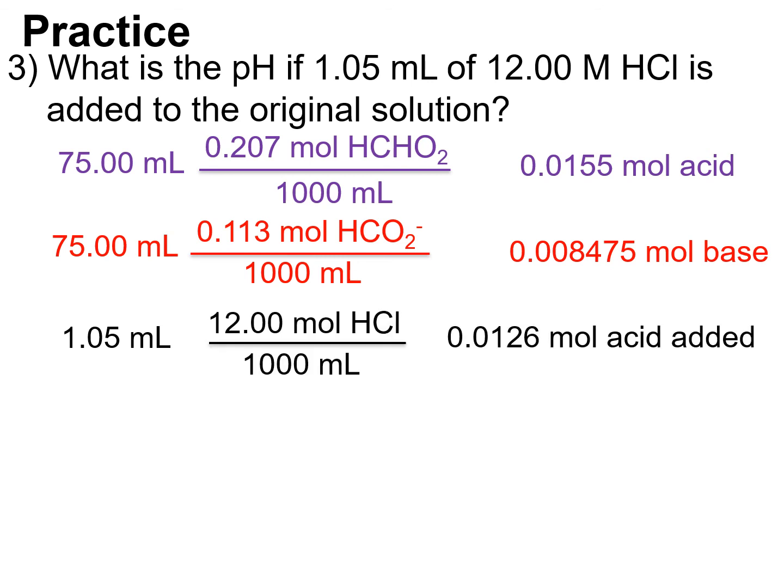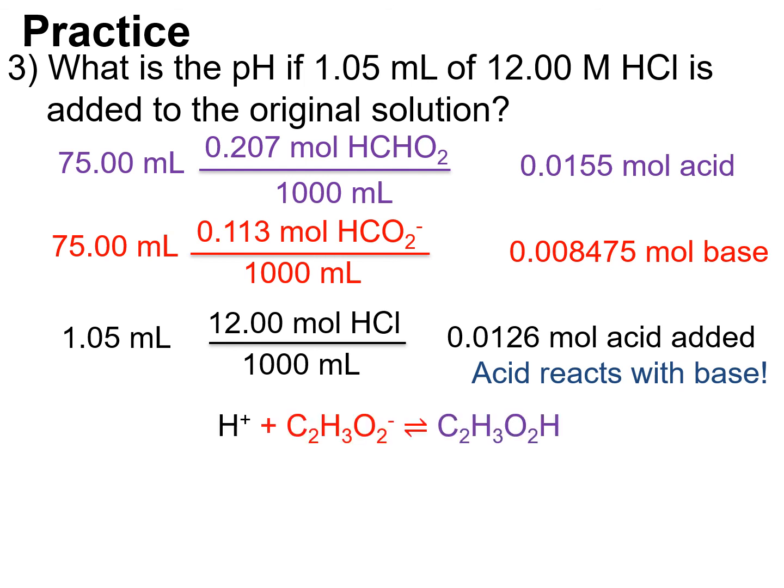Here is where we have an interesting problem, because if you look at what I've said, I know that this acid is going to react with the base, but look at what I have more of. I have more moles of acid from the HCl than I have present from my weak conjugate base.